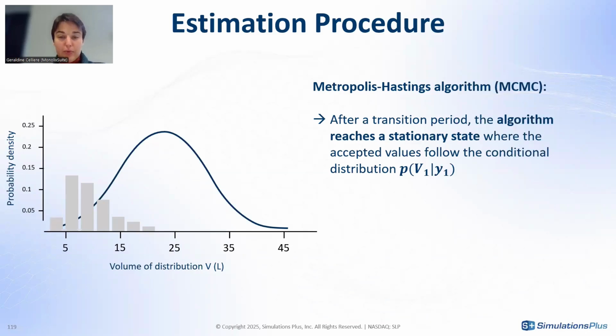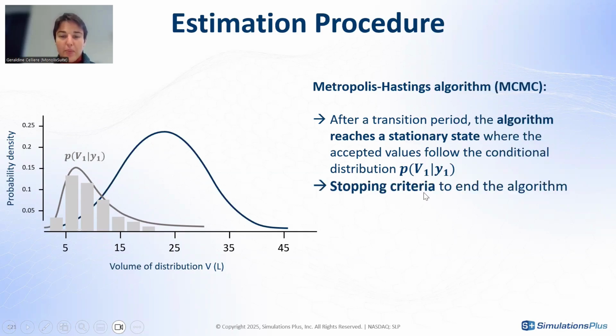If I keep all together the values that are accepted, they represent the conditional distribution. So I will not be able to redraw a smooth envelope for it, but if I take all these values, I can, for example, display it as a histogram, and they represent the conditional distribution. So really this smooth curve behind, we don't know it, we just have the histogram.